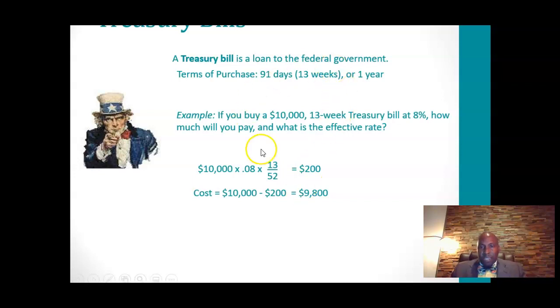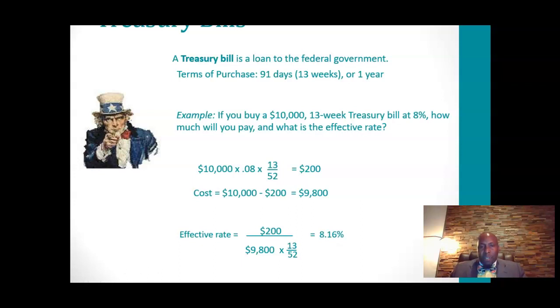Now, the good news is the interest you're going to earn is based upon the face value of the note, not based upon the amount that you actually paid, which means that your effective interest rate will be higher than the 8%. Because now we're looking at the $9,800 as the principal, the actual amount you paid. This is the time period for the Treasury bill.